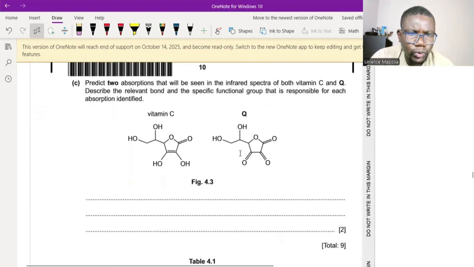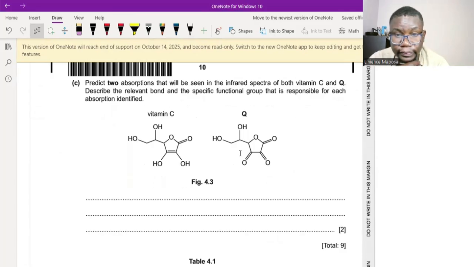Then it says predict two absorptions that will be seen in the infrared of both vitamin C and compound Q. I like that they've given us the structures again here. Describe the relevant bond and the specific functional group that is responsible for each absorption identified.